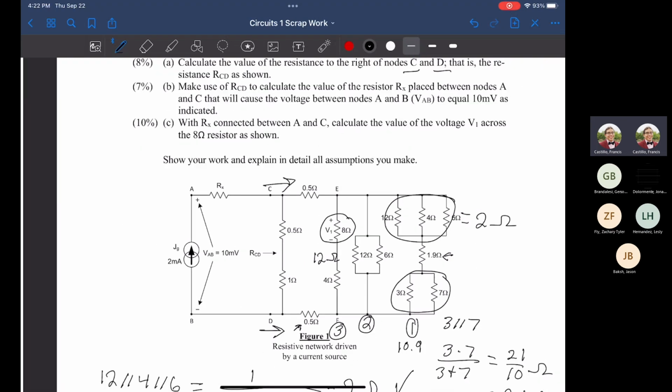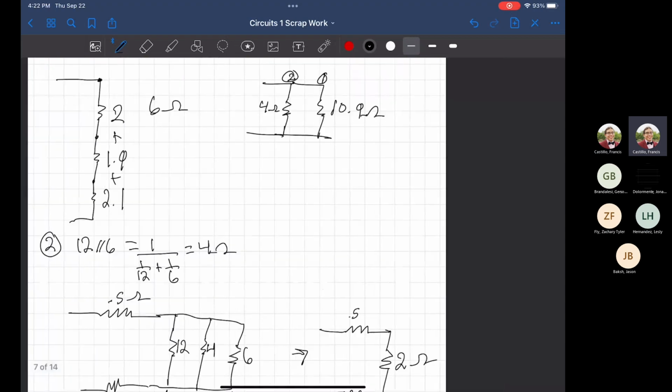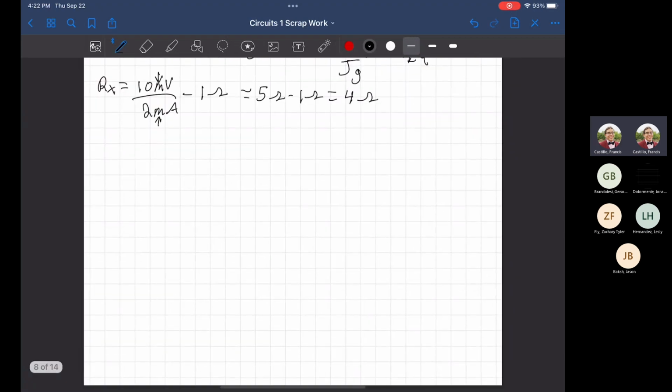So I'm going to go back to our last page right here. This is for now part C of 1. So now we know a couple of things, okay? So I'm going to draw a circuit again. Here is Rx, node C, our equivalent, our current source going up. There's that, okay? Let's take it back a notch.